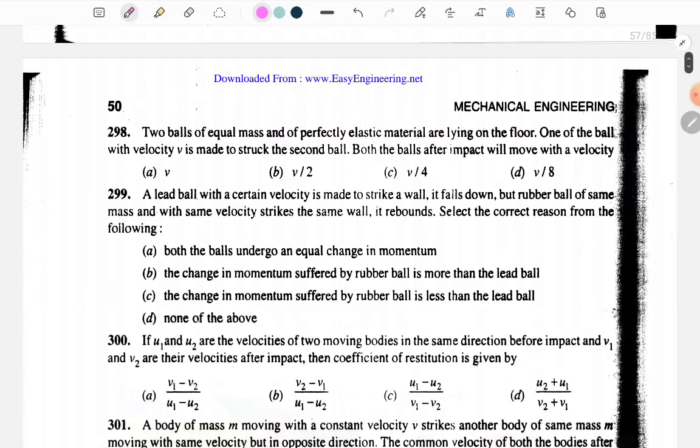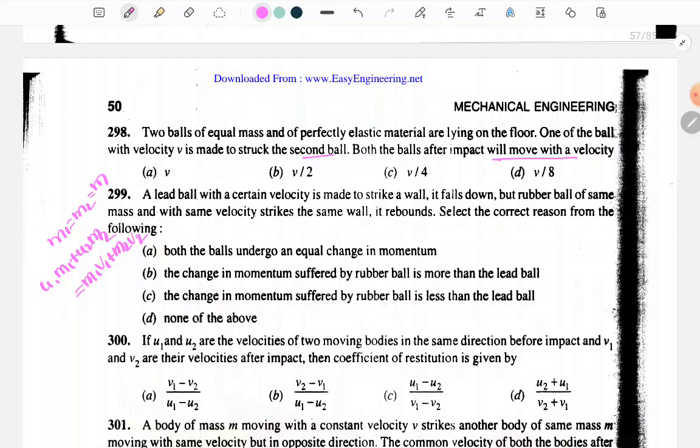Two balls of equal masses, perfectly elastic material, are lying on a floor. One has a velocity and is made to strike the second ball. Both the balls after impact will move with a velocity. That one you can calculate: u1 m1 plus u2 m2 is equal to m1 v1 plus m2 v2. So you can substitute in this formula. Two balls of equal mass, so m1 is equal to m2 is equal to m.